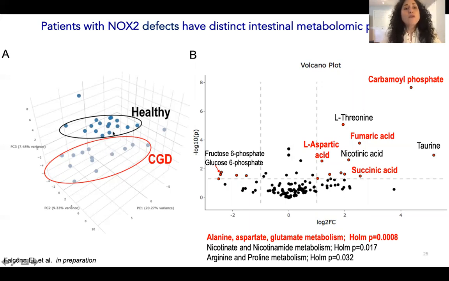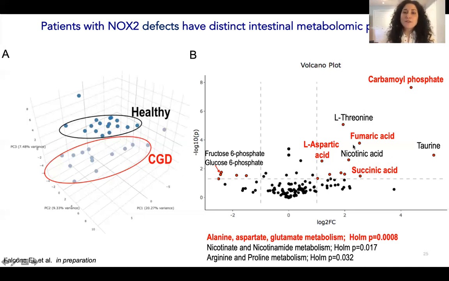And again, we find that the metabolomic profiles can also distinguish healthy individuals from patients with CGD, as demonstrated in this principal component analysis. Looking more specifically in the volcano plot, we find that samples from patients with CGD seem to be enriched in the following metabolites: carbamyl phosphate, L-threonine, fumaric acid, taurine, nicotinic acid, L-aspartic acid, and succinic acid.